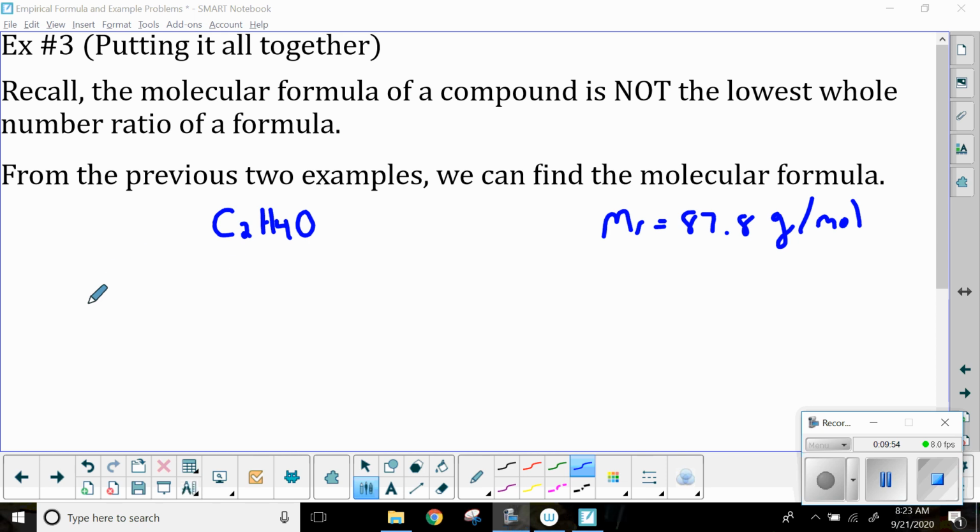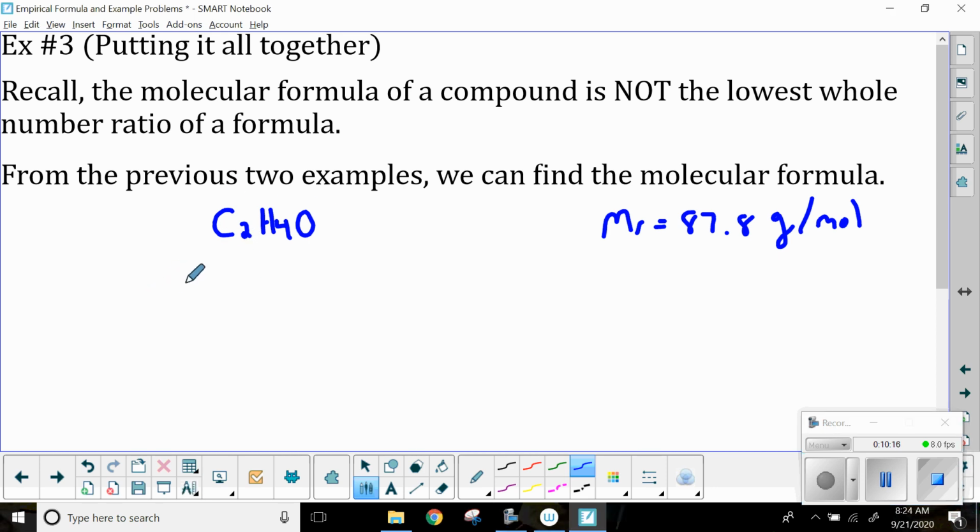Okay, so let's put these two pieces together to get my molecular formula, or the not lowest whole number ratio of that formula. Here's my empirical formula from example 1. Here is my molecular mass from example 2. First thing I want to do is find the molecular mass of my empirical formula.